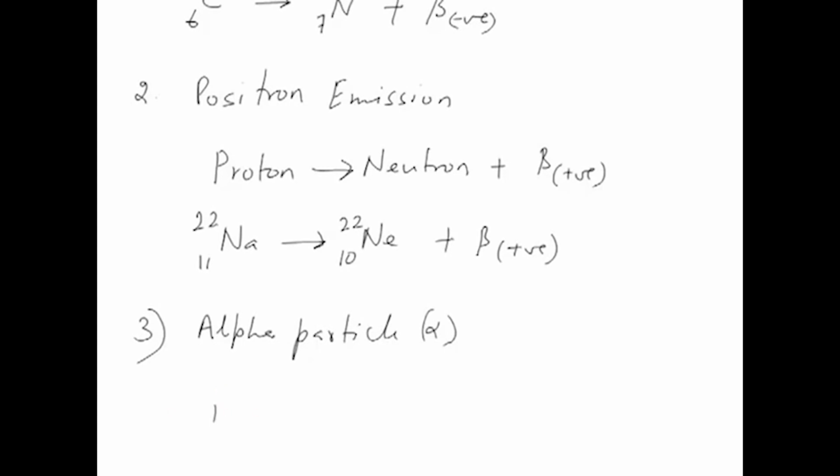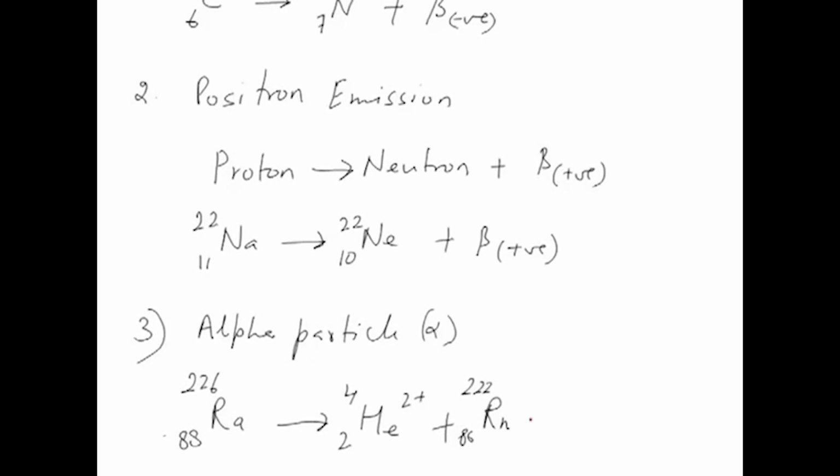For example, radium, which has atomic number 88 and atomic mass 226, is converted to a helium nucleus, or alpha particle, with atomic number 2 and atomic mass 4, and it is, like I said, doubly charged. Plus radon is created, which has 2 atomic number less and 4 atomic mass less.